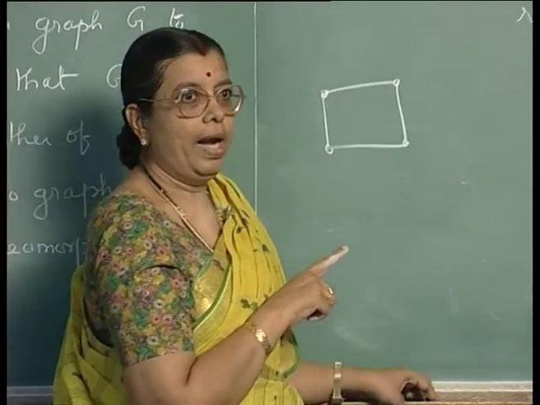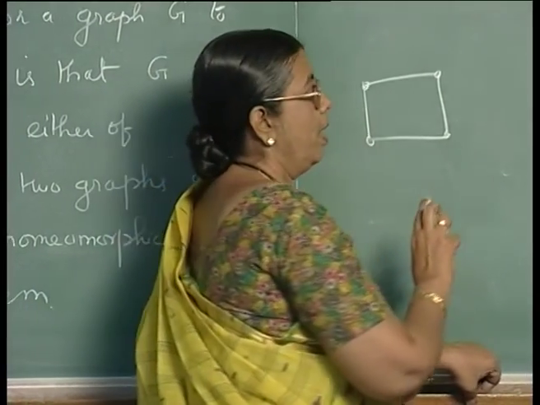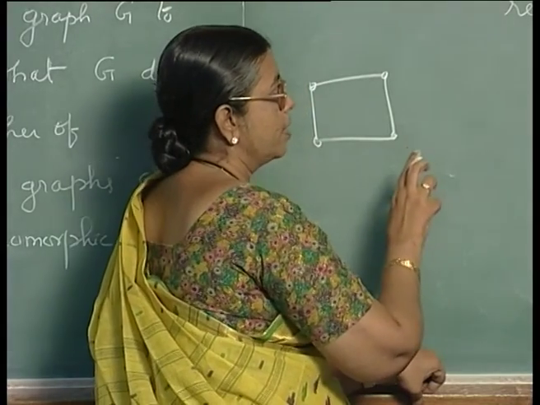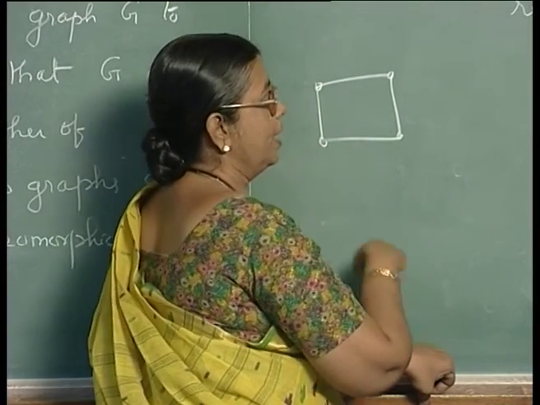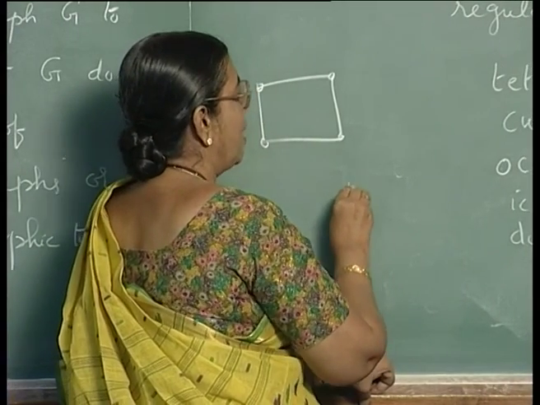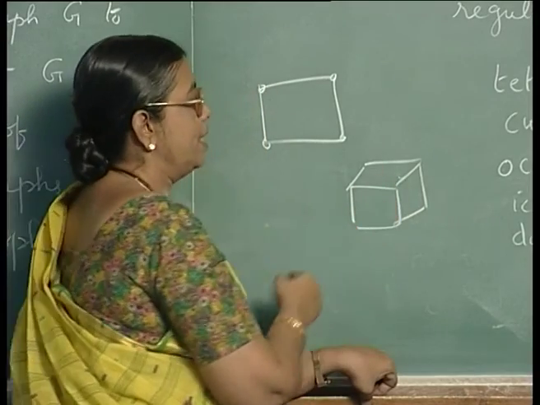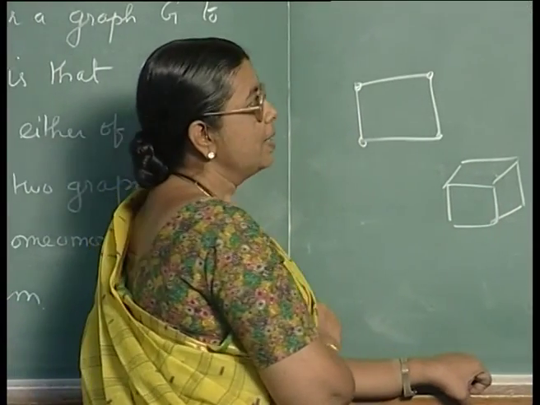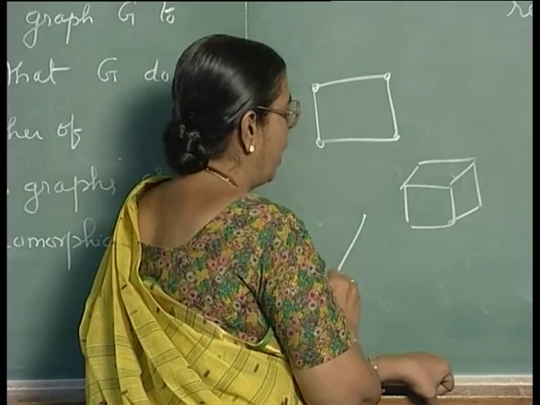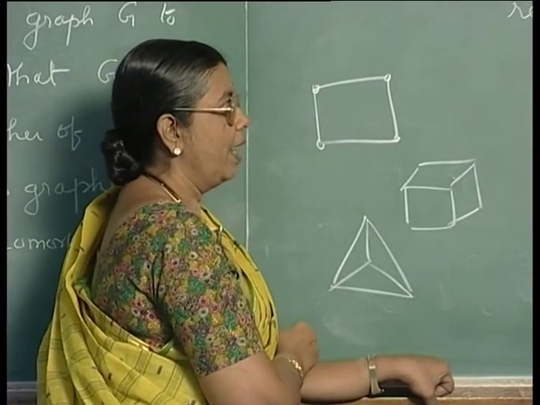A regular polyhedron is one in which all the faces of the polyhedron are regular polygons. For example, if you take a cube, each face is a square, it is a regular polyhedron. If you take a tetrahedron consisting of equilateral triangles, that is a regular polyhedron.